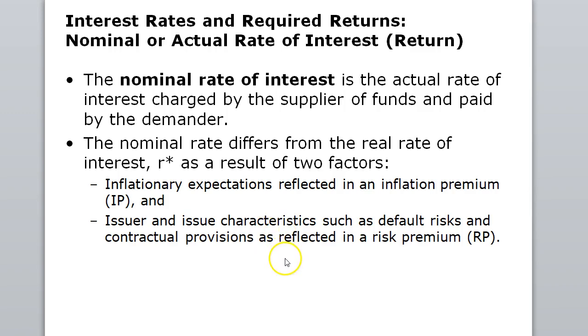Now, inflation expectations we want to note as IP, and issuer and issue characteristics as default risks and contract provisions are reflected as risk premium, or RP.